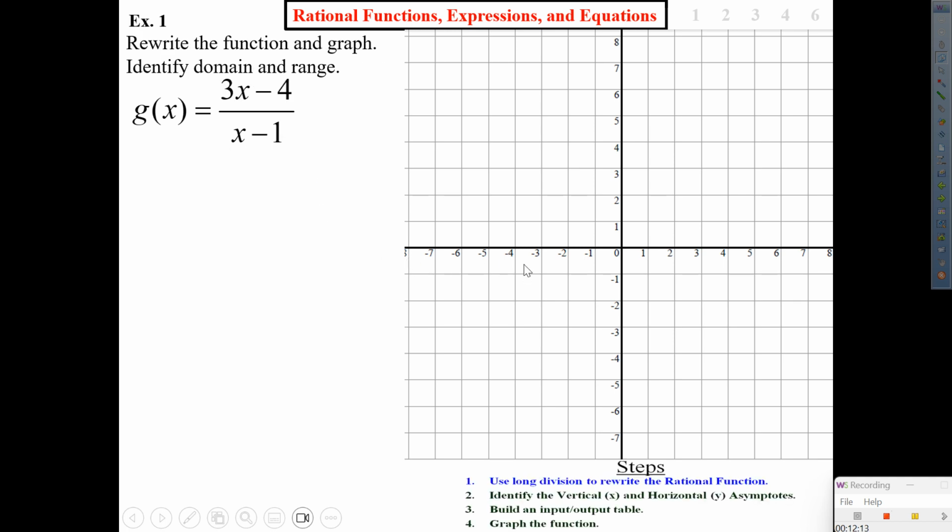Copy that, please. Example 1. It reads: rewrite the function and graph, identifying the domain and range. G of x equals 3x minus 4 over x minus 1. Copy that.